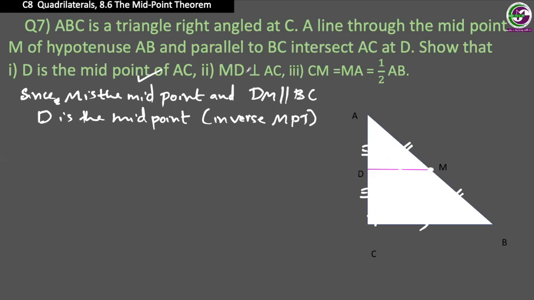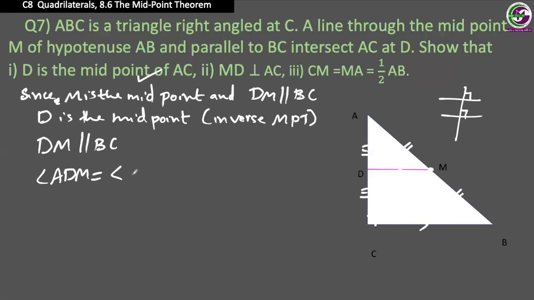Next, we have to show that MD is perpendicular to AC. MD is perpendicular to AC means we just have to show this is 90-degree. We know DM is parallel to BC. So if two lines are parallel, we have the corresponding angles are equal. So angle ADM is equal to angle ACB.